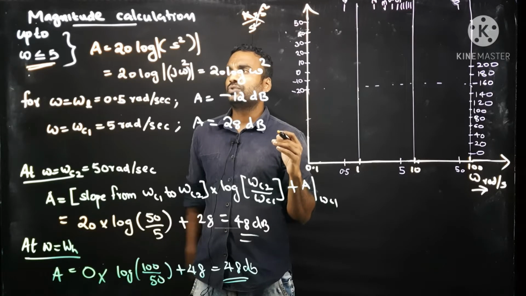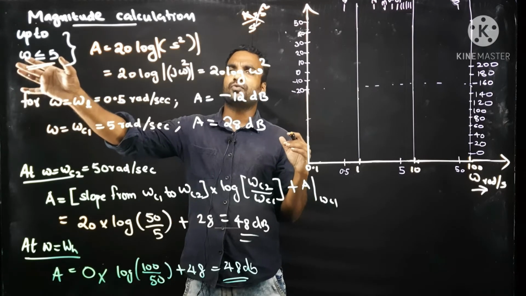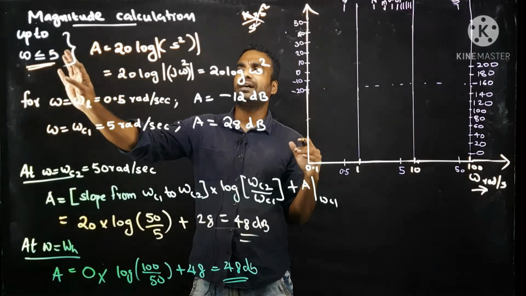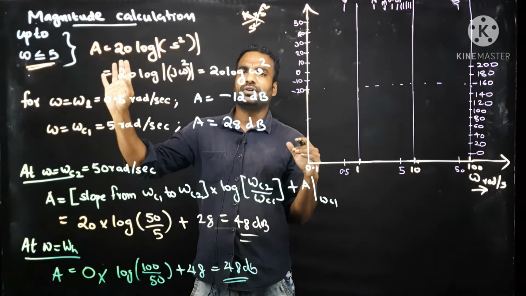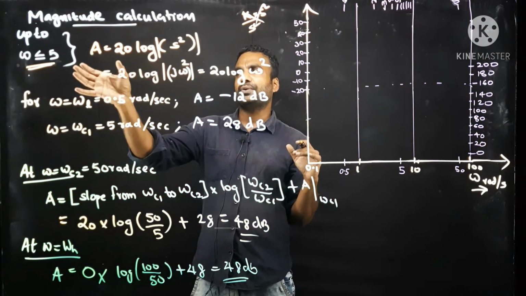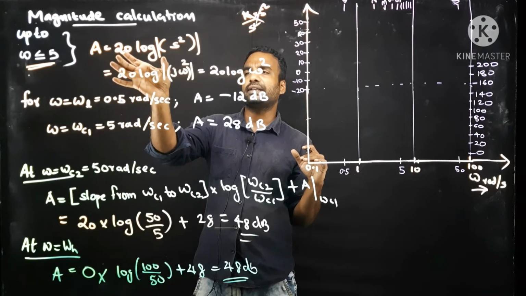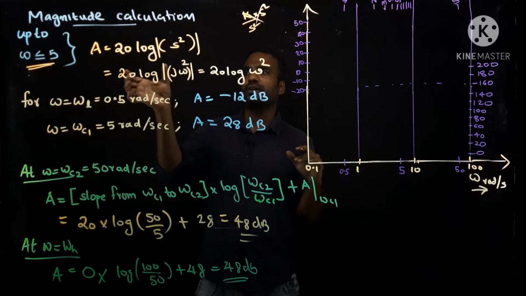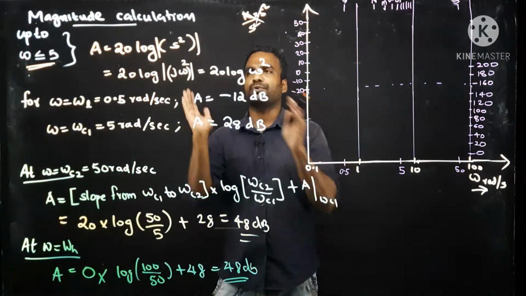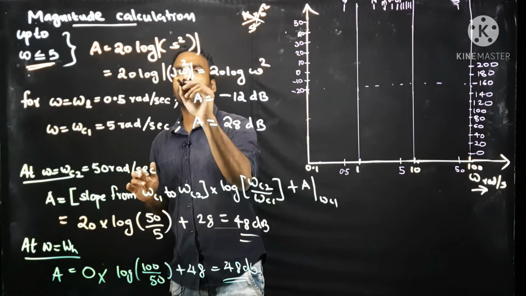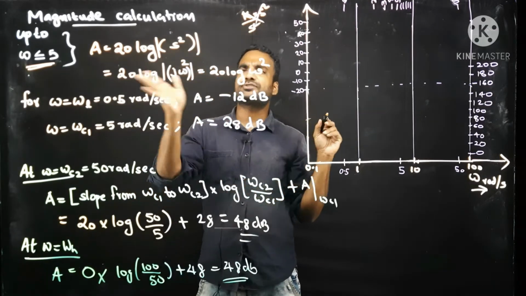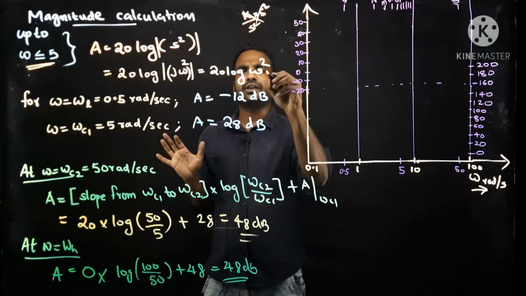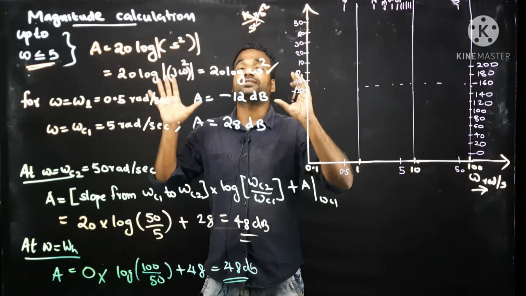So up to omega equal to the first corner frequency, we can substitute any value of omega less than or equal to 5 in that equation. In our equation, the differential term is just s square, k is equal to 1, so 20 log of the magnitude of s square, so 20 log magnitude of j omega square. j is not needed in magnitude calculation. So 20 log omega square. This is the equation up to the first corner frequency.